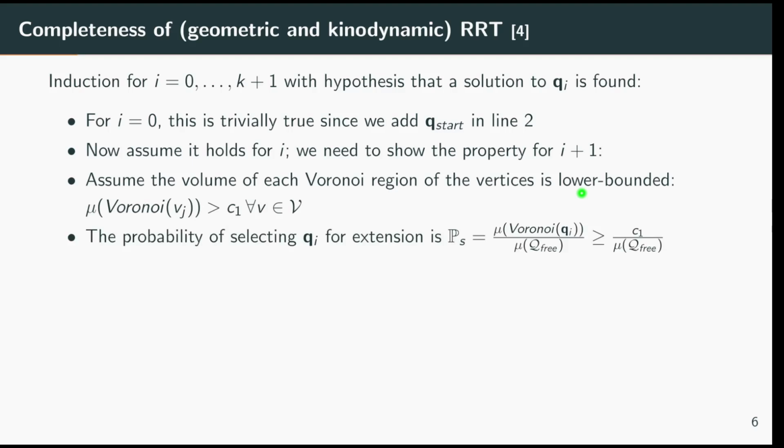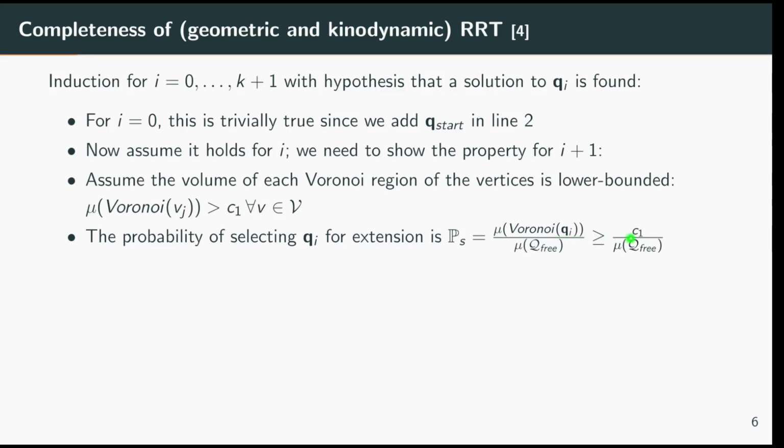And then we can play a little bit with probabilities. The probability for selecting this I point is basically just looking at the ratio of areas. So you look at how large is the Voronoi region of that point I, and how large is the region in total where we can have free space.